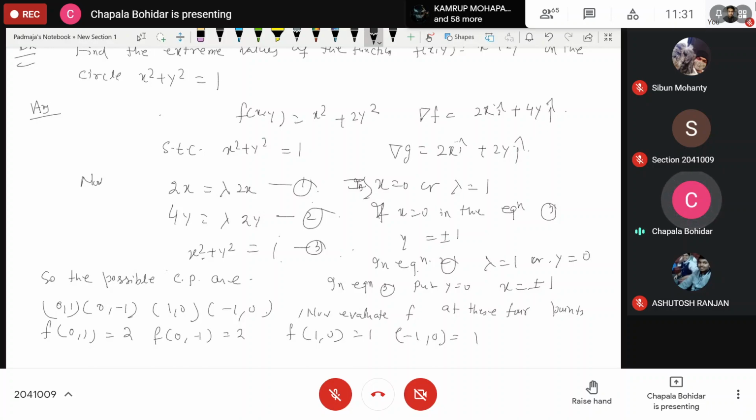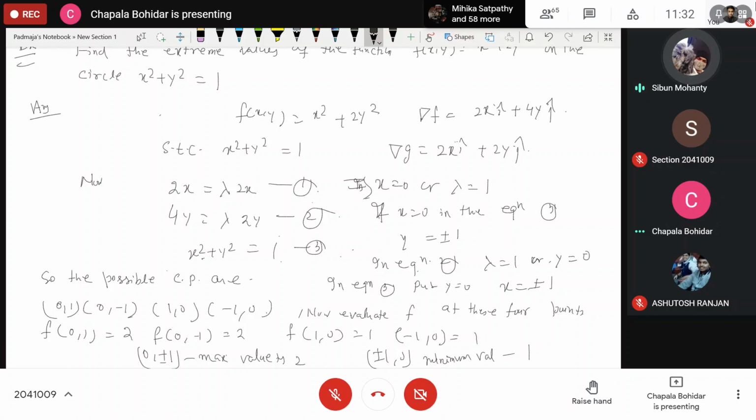At which point do we have the maximum value? We have the maximum value at the point 0, plus minus 1, and the value is 2, and at plus minus 1, 0 the minimum value, and the value is 1. Clear?